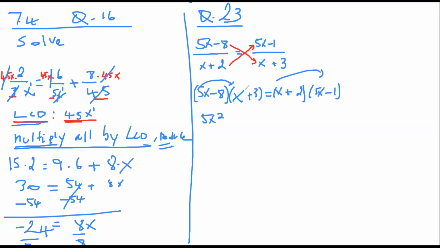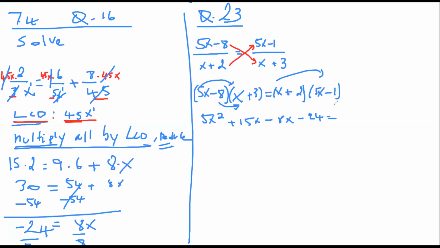And 5x times 3 will be 15x. Okay, then same thing with the negative 8. Negative 8 times x, negative 8x. Negative 8 times 3, negative 24. Then we do the same thing to the other side.